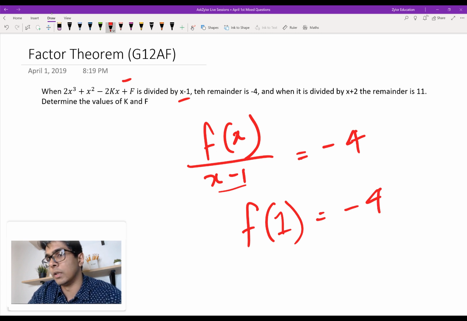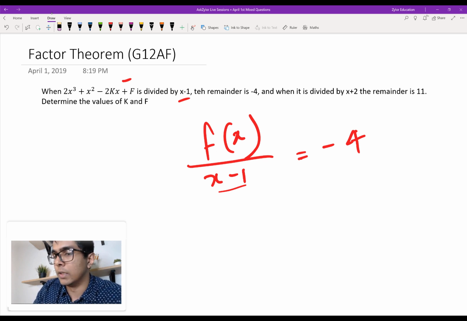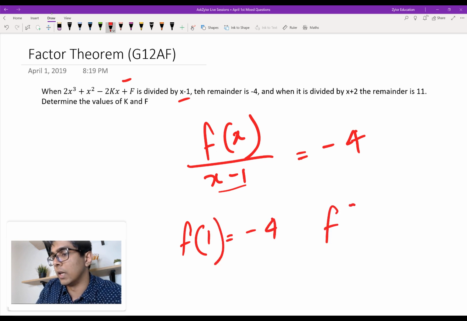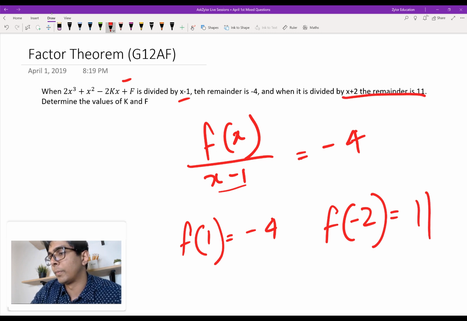That's what my remainder theorem is telling me. So using that, I'm going to come up with two equations. First, f at 1 is going to equal negative 4, and the next is f at negative 2 is going to equal 11. So these are the two conditions.